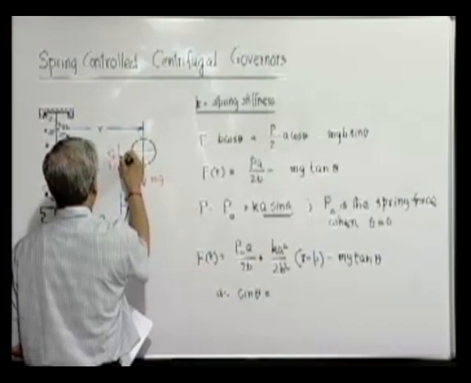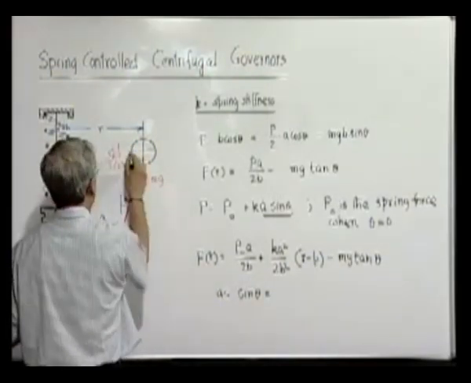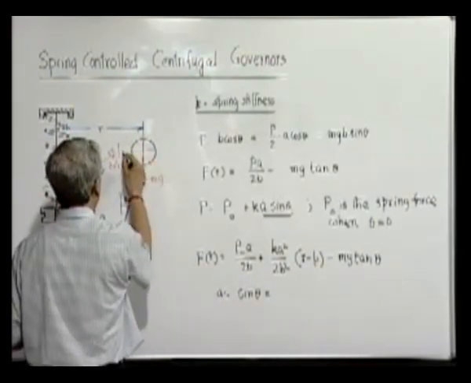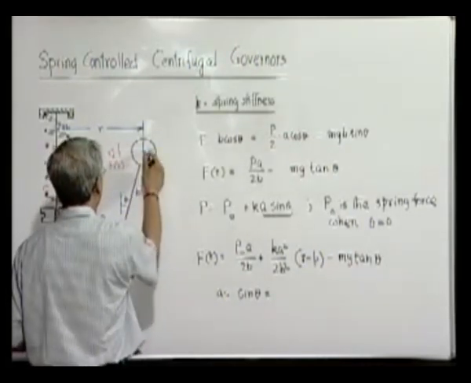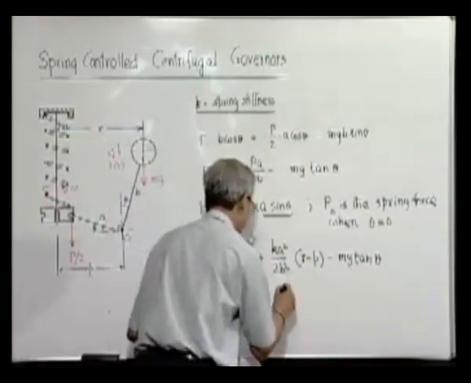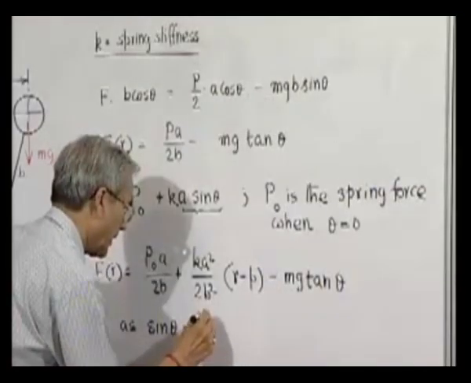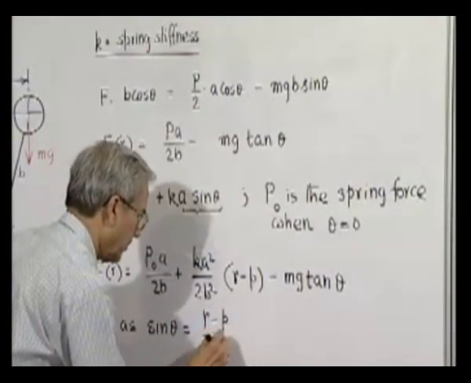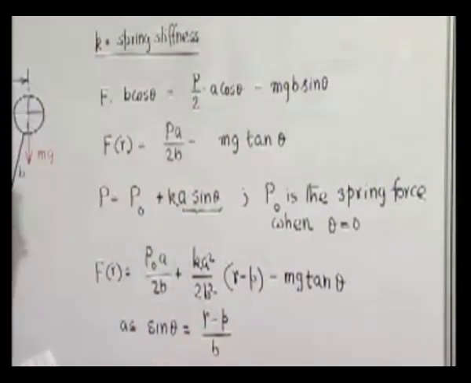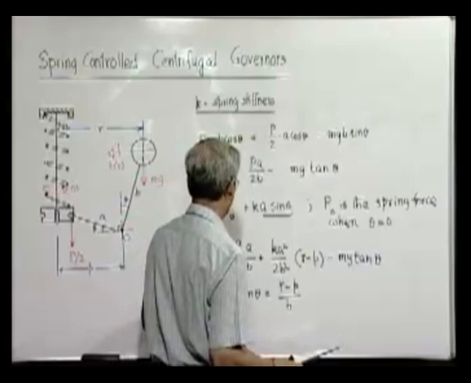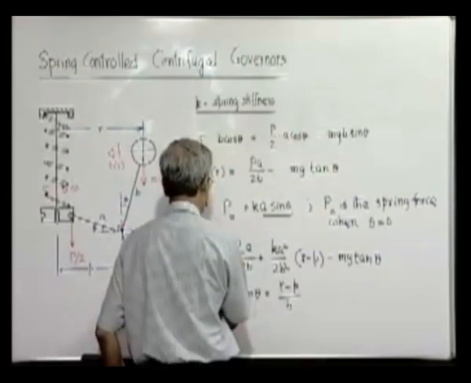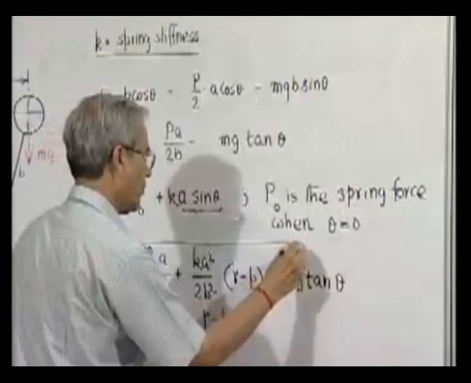Now if this length is P, this is R, so this length is P minus R, and this is B. So P minus R by B is sine theta, or R minus P. So using this, in this expression, this and this, we finally get the expression for control force.